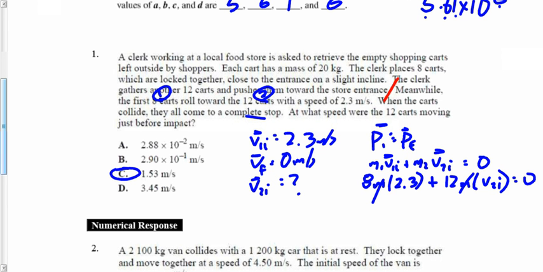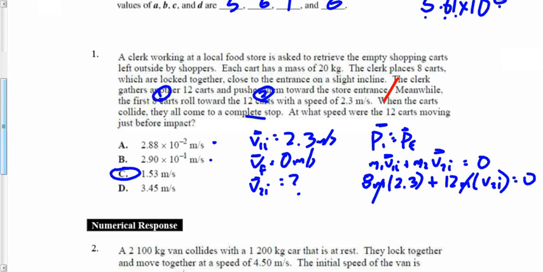Yep, D. If you had 12 carts going at 3.45 and 8 carts going at 2.3, they're not going to come to a stop, right? The 12 carts are definitely going to win. They have way more momentum. Probably not going to be A or B either because those are so small, right? Possible, but such small numbers that it's not likely. C seems like by far the most reasonable answer, and it is the right answer.